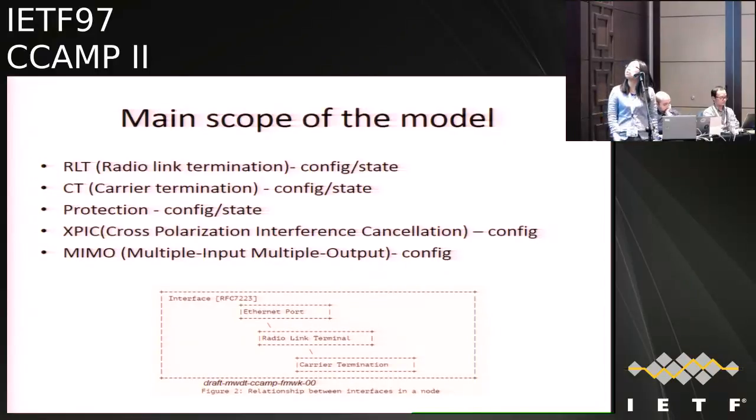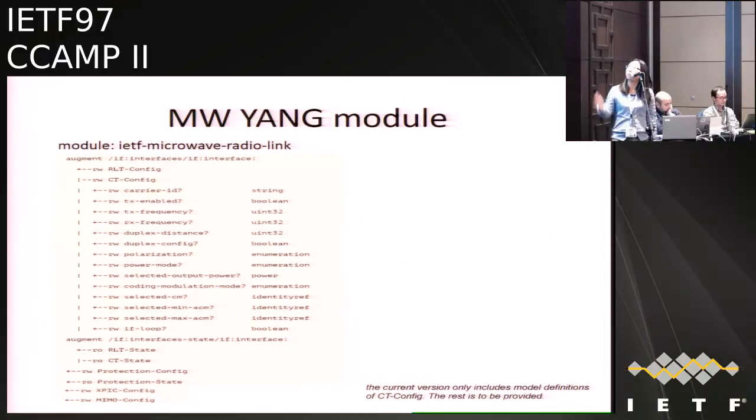And this page shows the details, but I won't introduce them one by one. And I want to point out that the current version is a 0.0 version. We don't have enough time to include all the definitions for the layers I just mentioned.